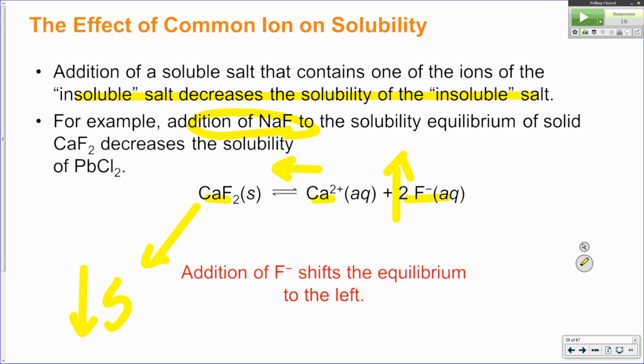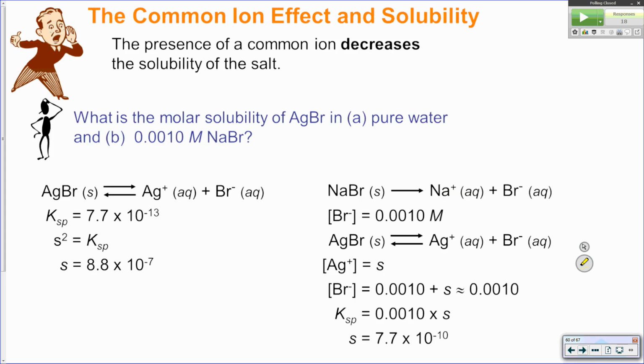So we just want to be able to predict how that occurs, and we can actually apply it to a problem. So if I look at what is the molar solubility of silver bromide, first in pure water, and then we're going to look at it by adding 0.001 molar of the co-ion from sodium bromide.